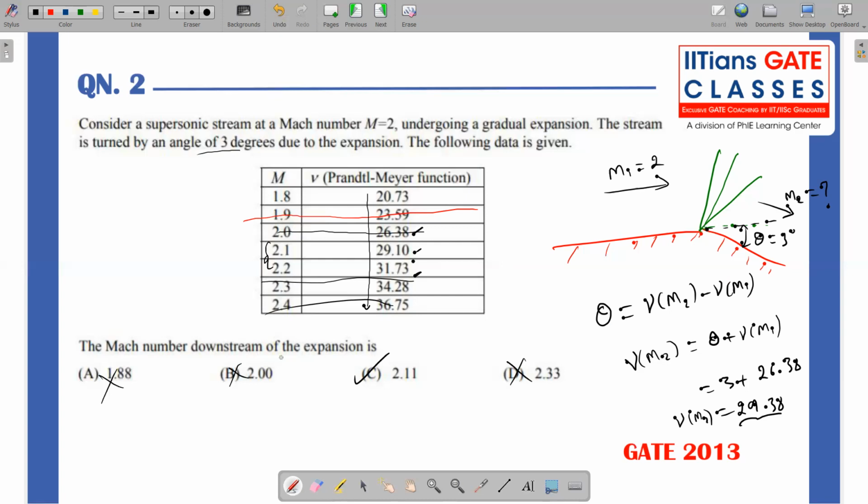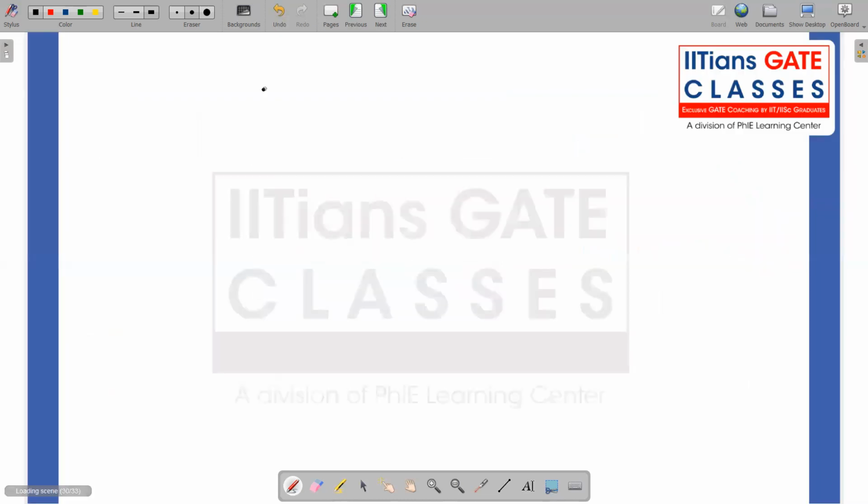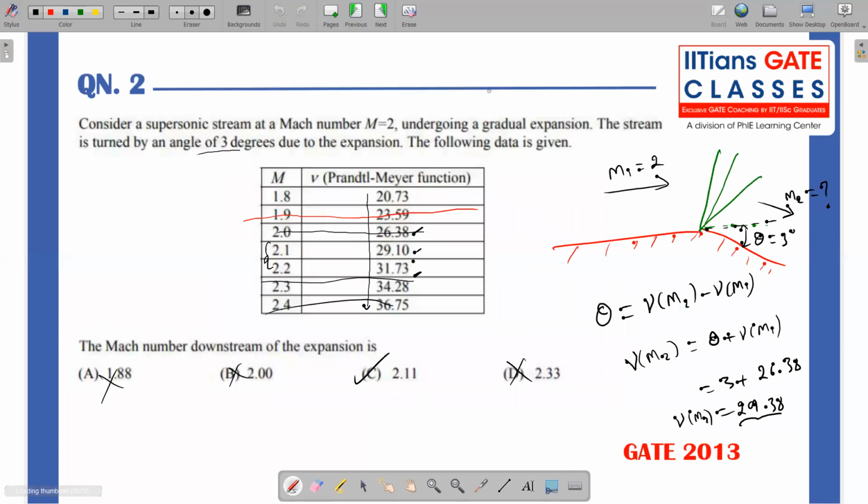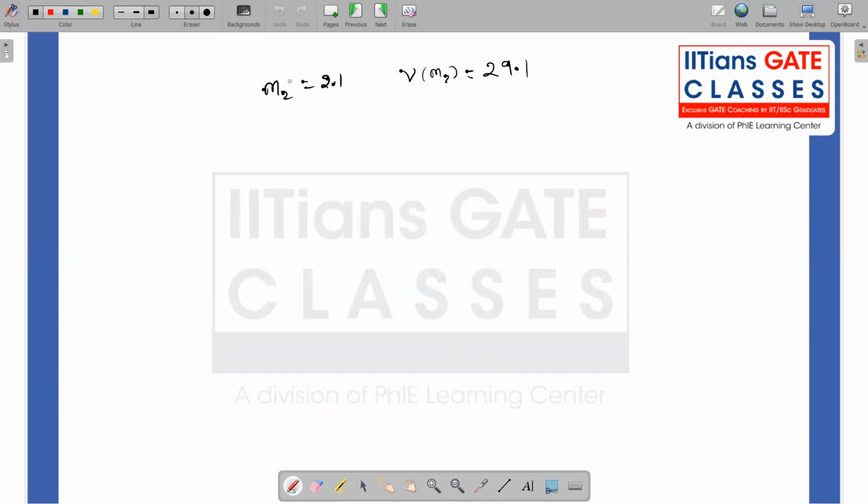So we can actually show that. But here what I am doing is slightly an extrapolation. For M2 equal to 2.1, I have mu of M2 equal to 29.10. For M2 equal to 2.2, I have mu of M2 equal to 31.73.